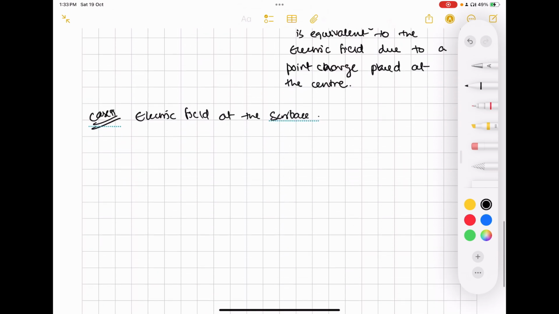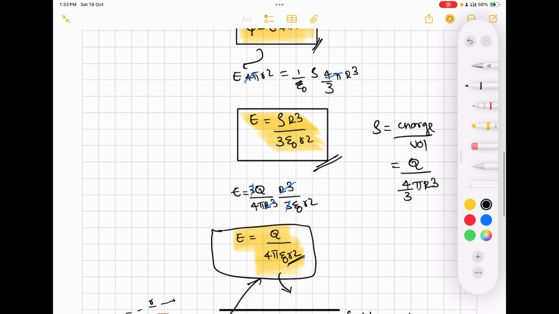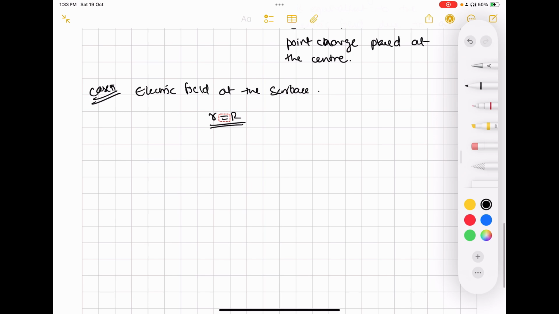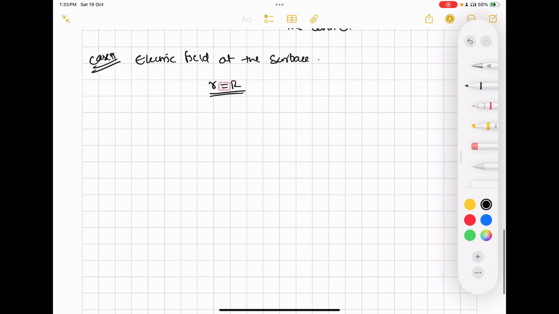That is, to find the electric field at the surface, we will simply replace r equal to R in these two equations. So we have electric field outside as rho capital R cube divided by 3 epsilon 0 r square.